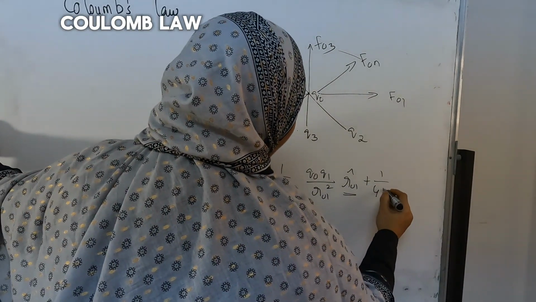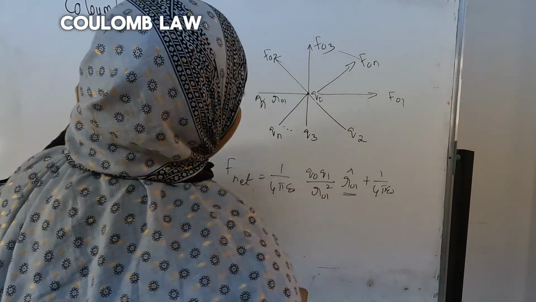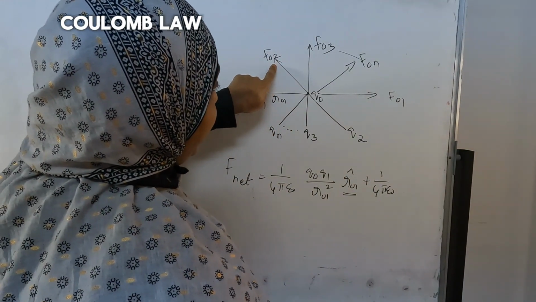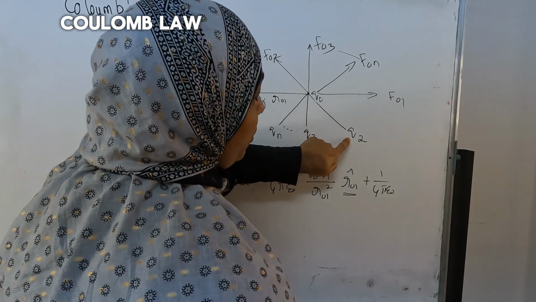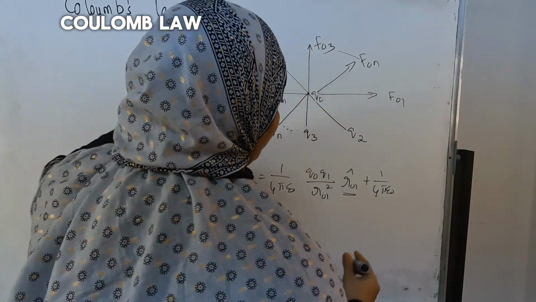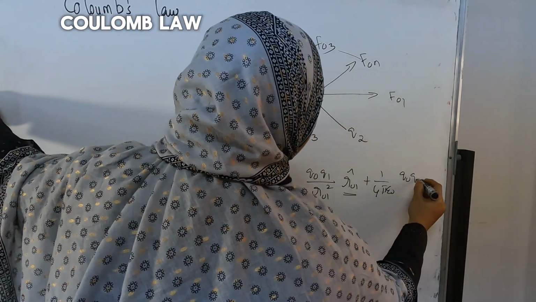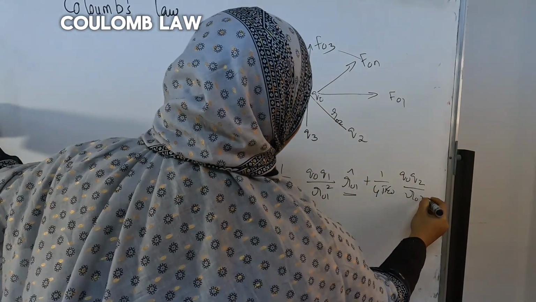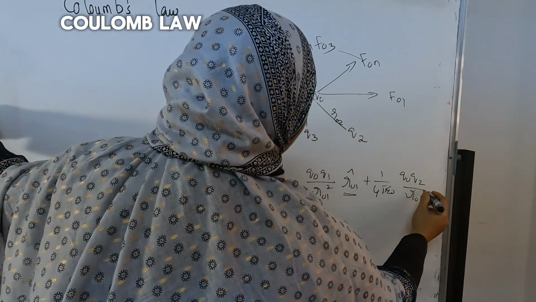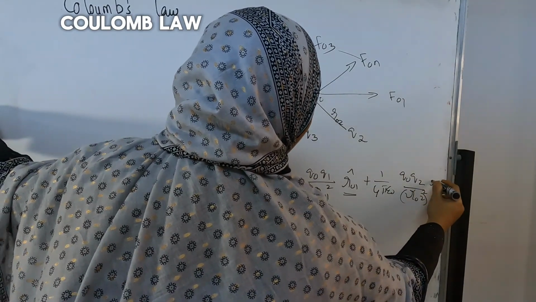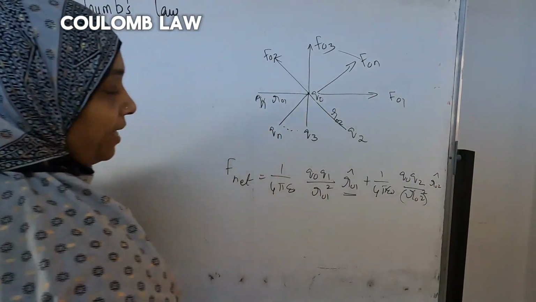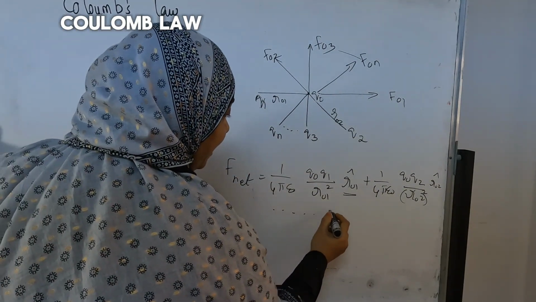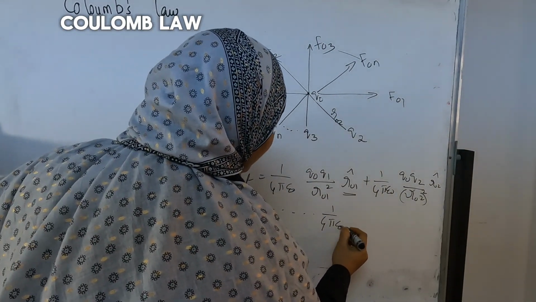Next, 1 by 4 pi epsilon naught. For F02 we take Q0 and Q2, the two charges acting on this force. So we write the distance between them, R02, so R02 square and R02 cap, the direction. Like this we will write 1 by 4 pi epsilon naught.